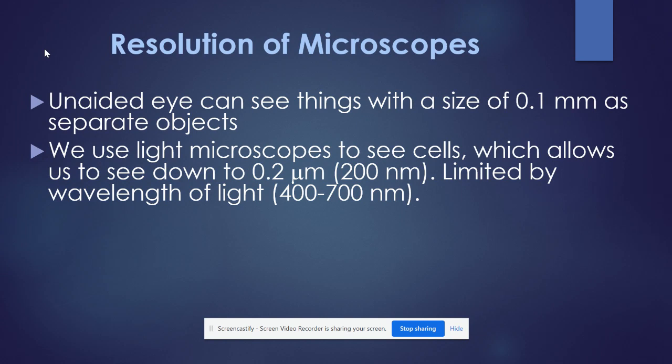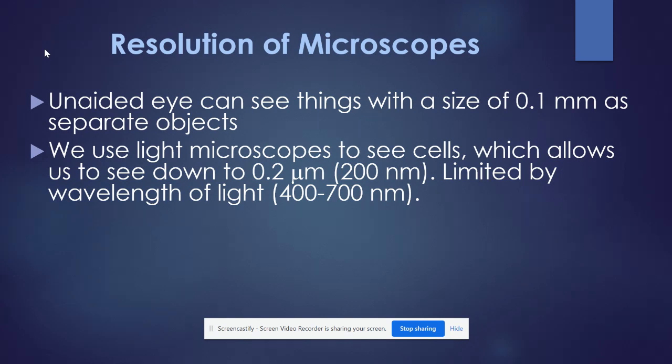It's limited by the wavelength of light. So the smaller the wavelength of light, the better resolution you get. And with light microscopes, the wavelength of visible light, anyway, is 400 to 700 nanometers.